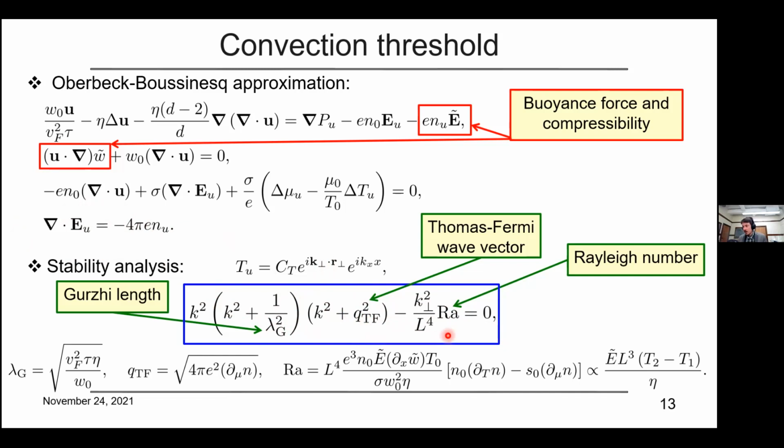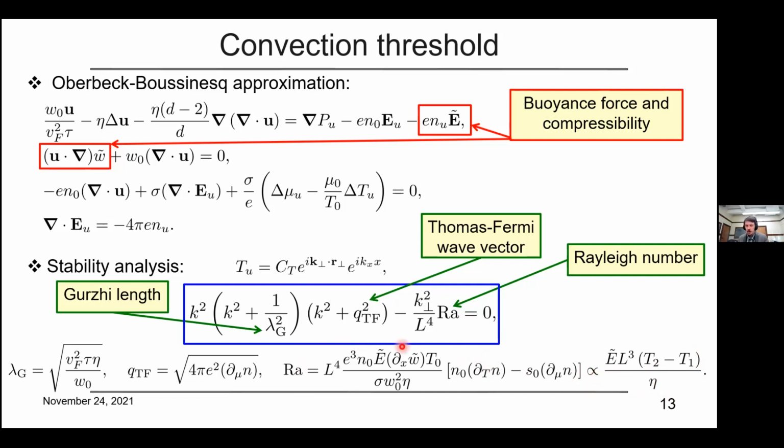And also we have a Rayleigh number here, which in the case of our fluid inside Dirac and Weyl semimetals is given by a rather complicated expression, but essentially it boils down to the same expression that can be derived for a regular fluid.